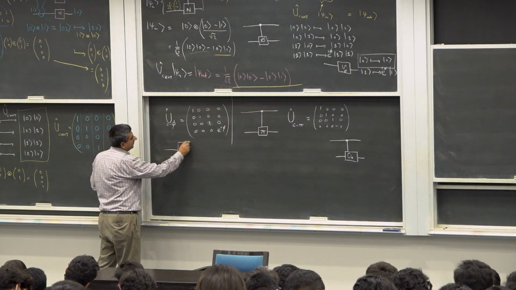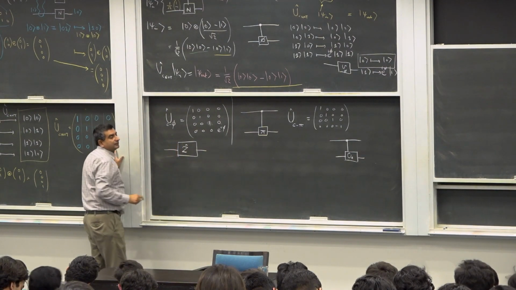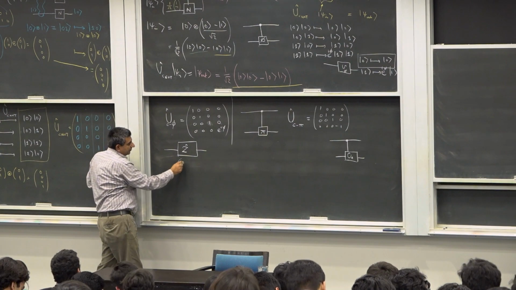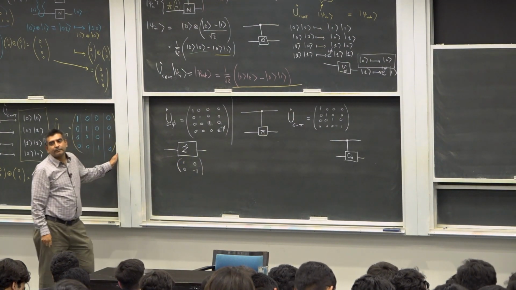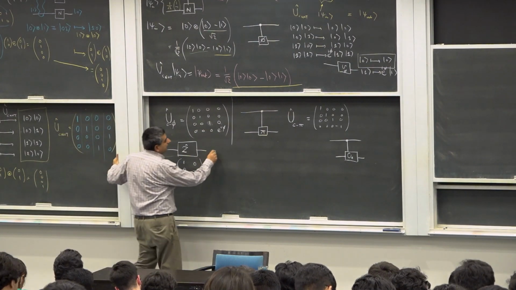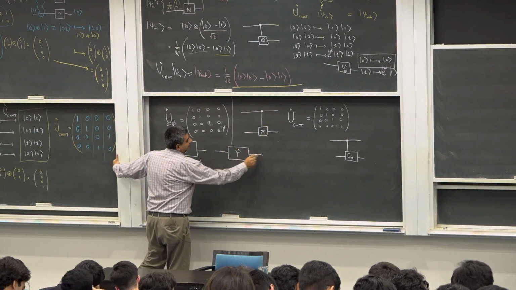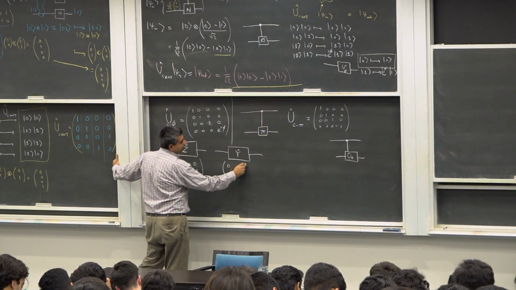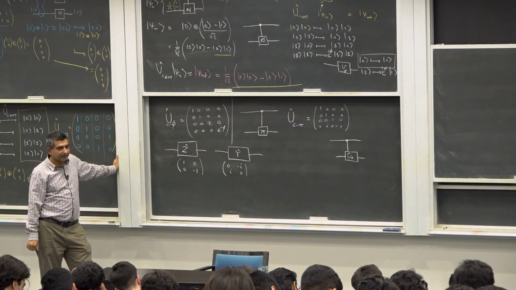For example, a Z gate, which is a single qubit gate which has a matrix 1, 0, 0, minus 1. And a Y gate, 0, minus i, i, 0. This is a single qubit Y gate.